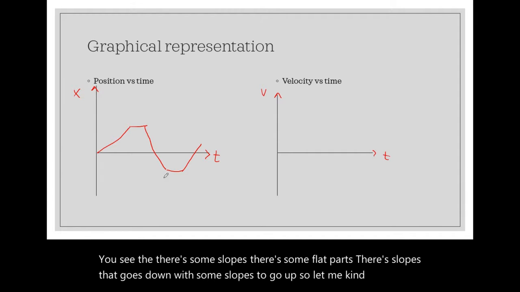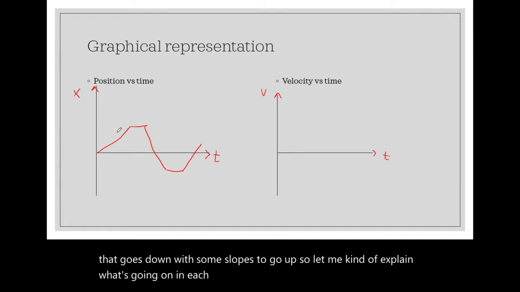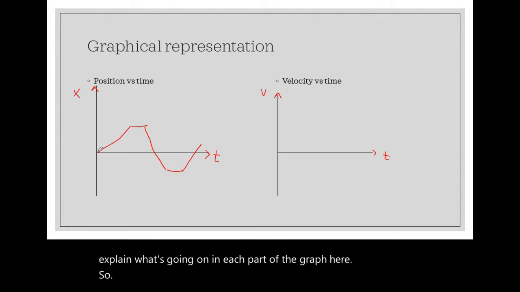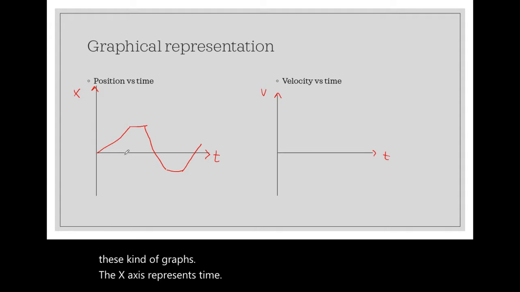So let me explain what's going on in each part of the graph here. I think it takes some getting used to looking at these kinds of graphs, because the x-axis represents time, which you have to think about a certain way.